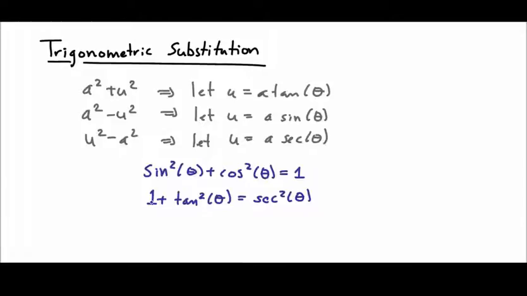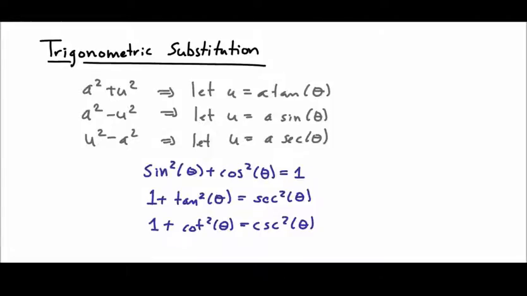Our last one is 1 plus cotangent squared of theta equals cosecant squared of theta. Looking at our substitutions, cosecant and cotangent don't show up with any of these, but that's okay. Sometimes we're going to use this Pythagorean identity when we're integrating after we use the u sub, so it's important to remember those as well.